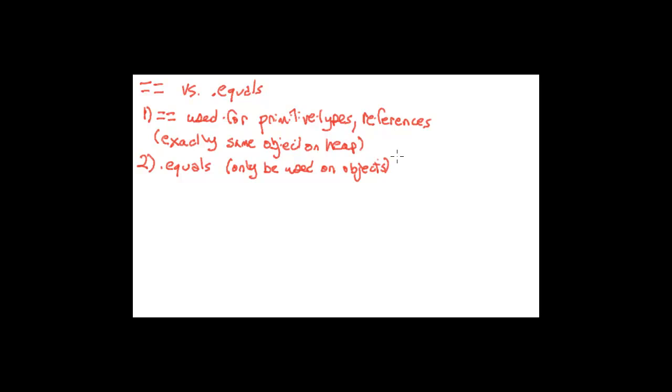And it is a method that is always inherited from the big capital O Object class, the Object class that all objects in Java derive from, unless it is overridden.